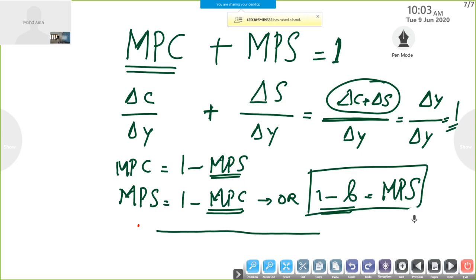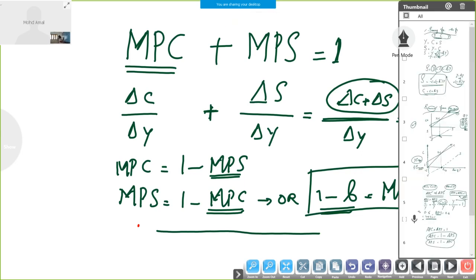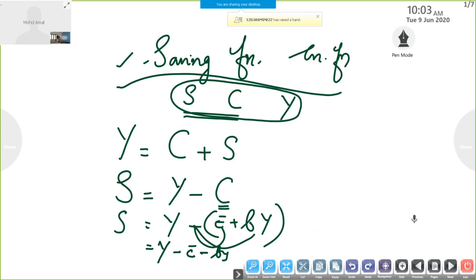So, what all did we study? Derivation of saving function from consumption function. For this derivation, we need level of saving, level of consumption and level of income.